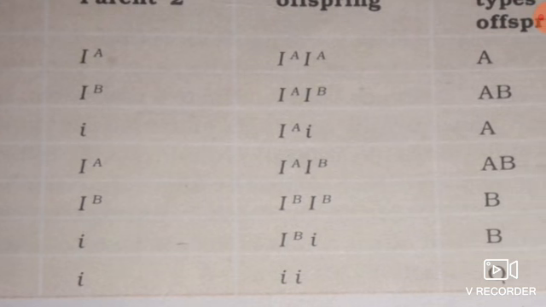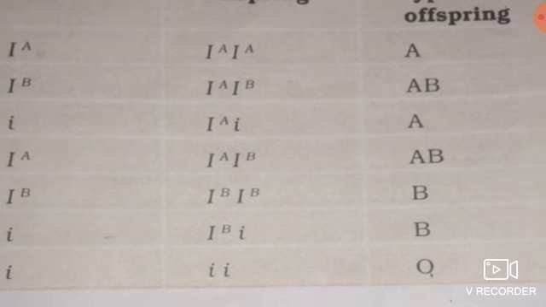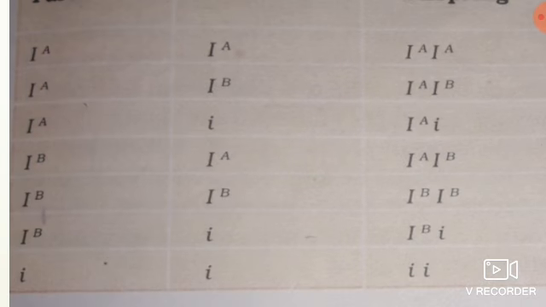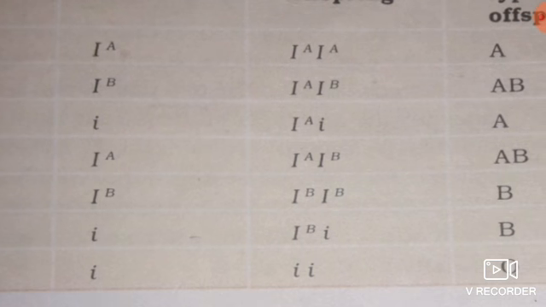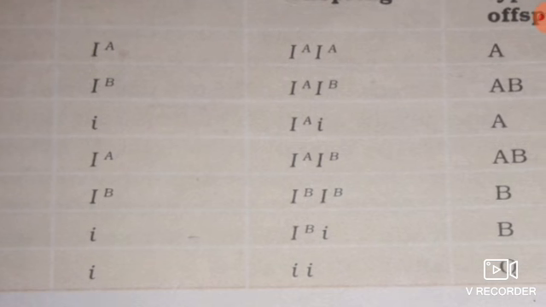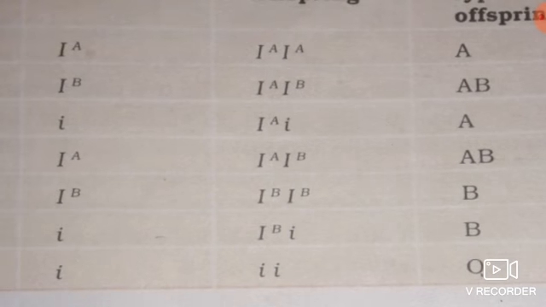That means it has only B, so it produces one kind of sugar, so the blood group will be B. Again IB from parent 1, small i from parent 2, then the genotype of the offspring will be IB i. In this, only B can show its character and small i does not, as it does not produce any sugar, so the blood group of the offspring will be B.